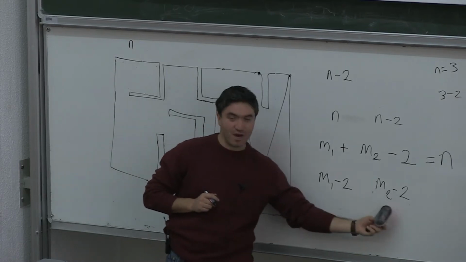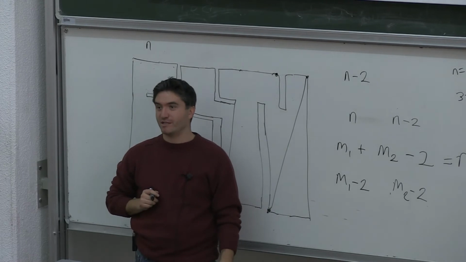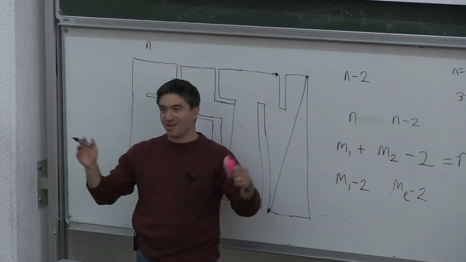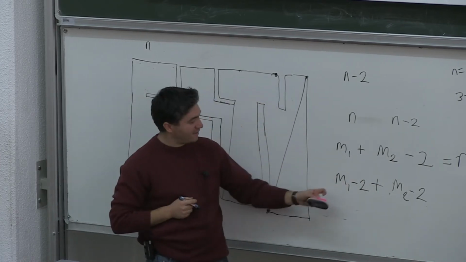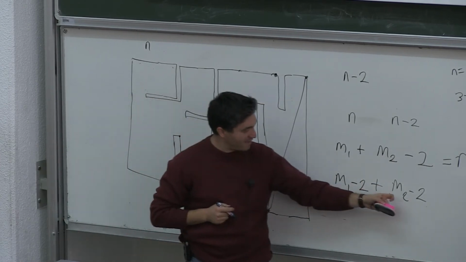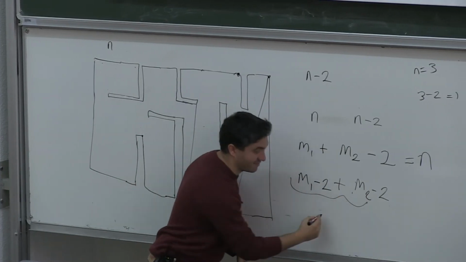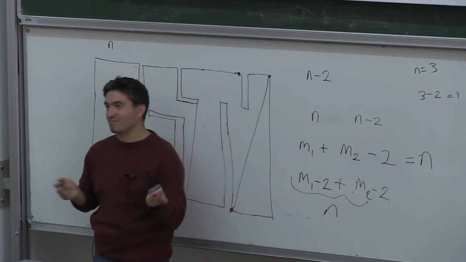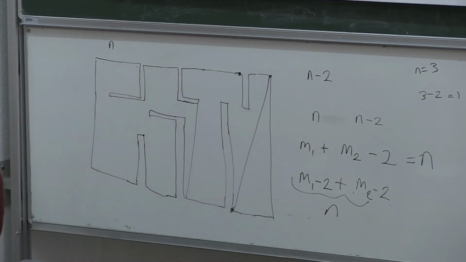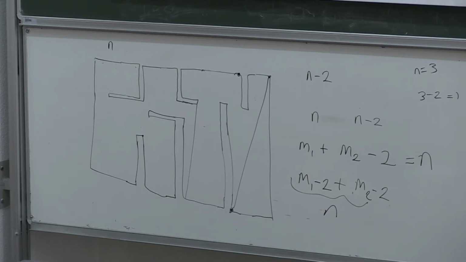So there are this many triangles in these small sub-polygons. So what is the total number of triangles in the combined one? I sum these two, and what is this? m1 plus m2 minus 2. What is it equal to? This part, n, right? This is what I showed here. So it proves there are n minus 2 triangles in the combined polygon.